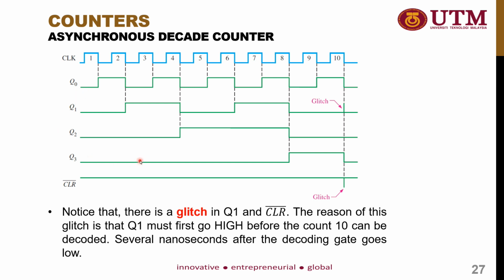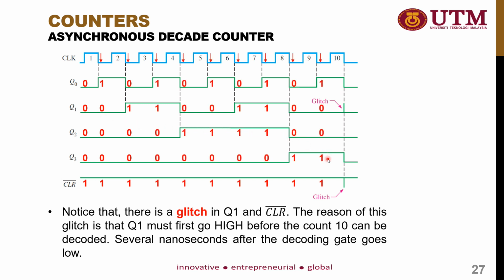So you see here, the initial state of the counter is 0000 because we want to count from 0. And then it will go through the normal counting states until it reaches 1001, which represents number 9. At the 10th pulse of the clock, at the falling edge, because this is a negative edge triggered counter, the output of Q0 will toggle because Q0 is directly connected to the clock signal, so it will go from 1 to 0.